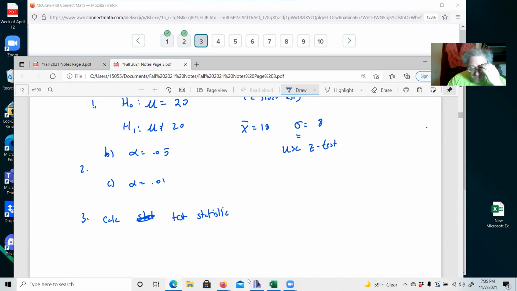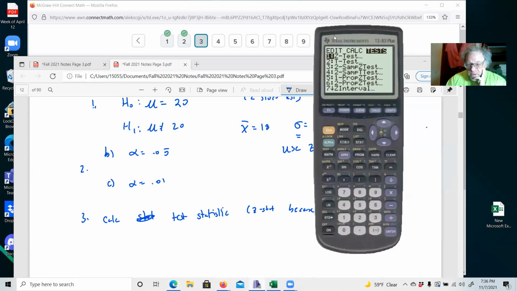There are other books, other tests of hypotheses where you can test other things. In this case, it's going to be the z statistic because sigma is known.